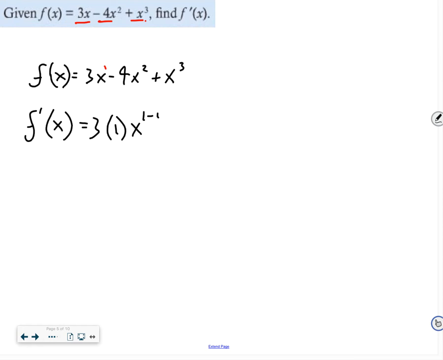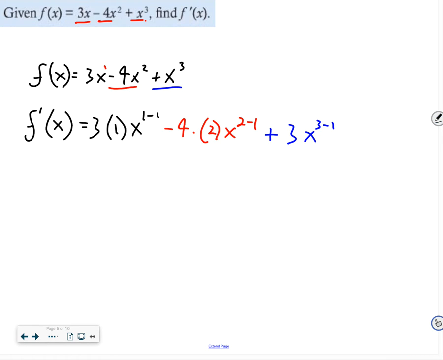But then for the second piece, I have negative 4 times 2, and then it's x and 2 minus 1. Now, for the next piece, I have plus 3x and 3 minus 1.